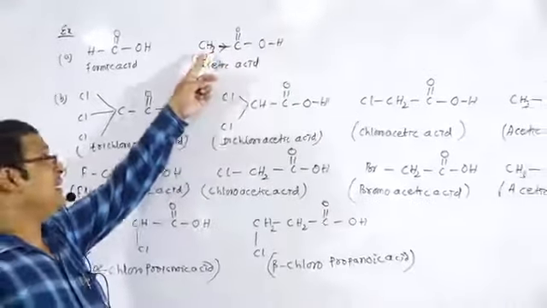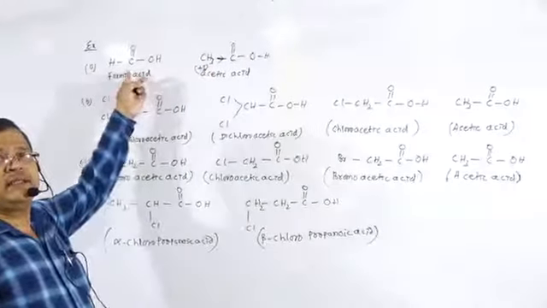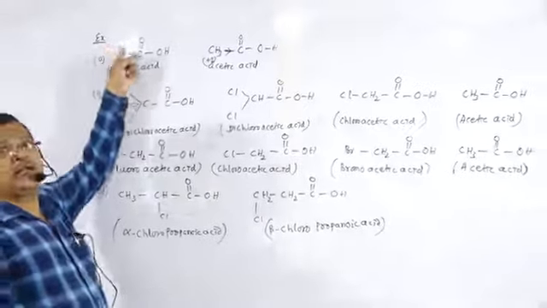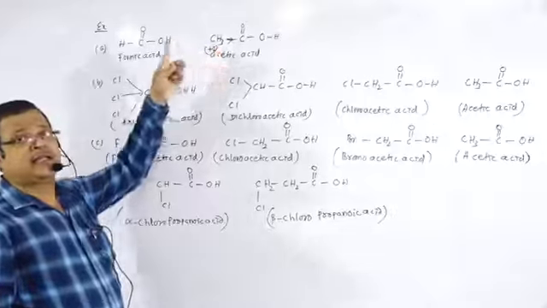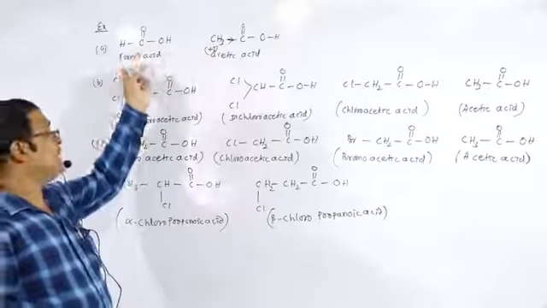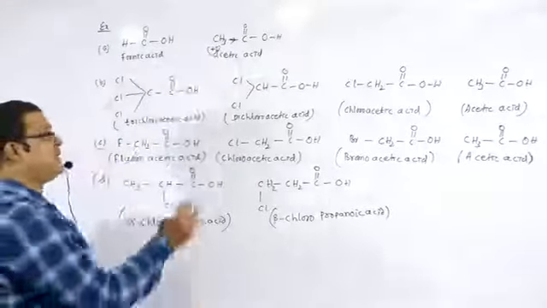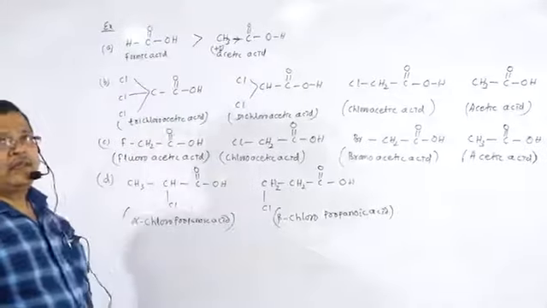Therefore, the acidic strength of that acetic acid will be less as compared to that formic acid. Because in case of formic acid, there is no such plus I group. This is your hydrogen atom. So the presence of plus I group will decrease the acidic strength, and if we compare the acidic nature of that formic acid and acetic acid, formic acid is more acidic than acetic acid.